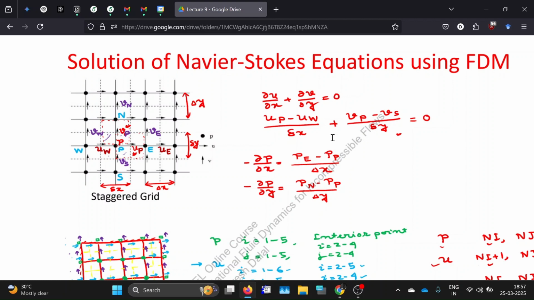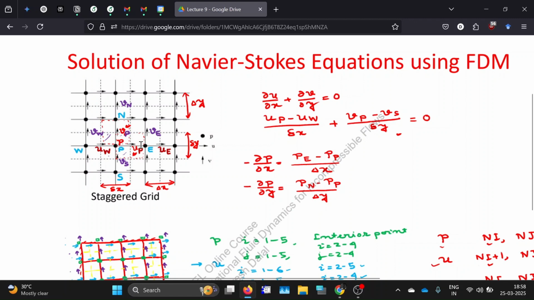The pressure cell... no, pressure is not at VP, because we write Pe minus Pp. So we are at the phase for calculating the pressure gradient. Exactly. So then also we are using the grid for U itself. When we are calculating the x gradient of pressure, our cell is the one where P is at center.